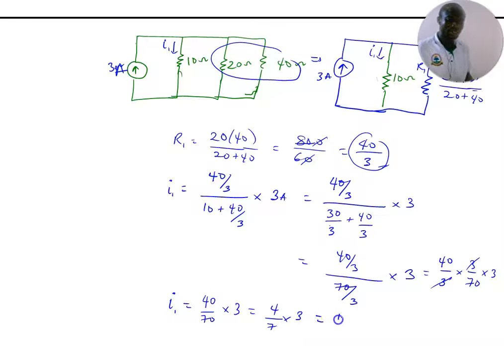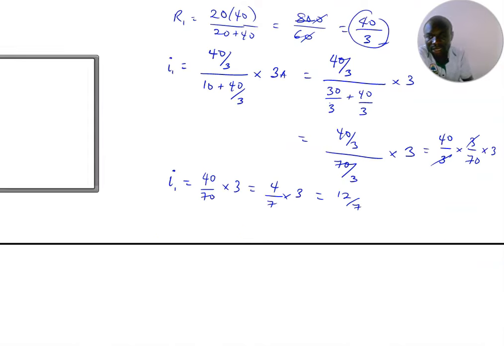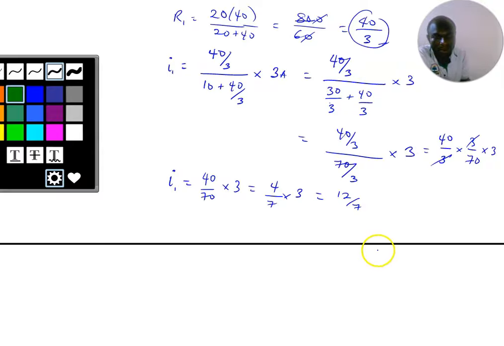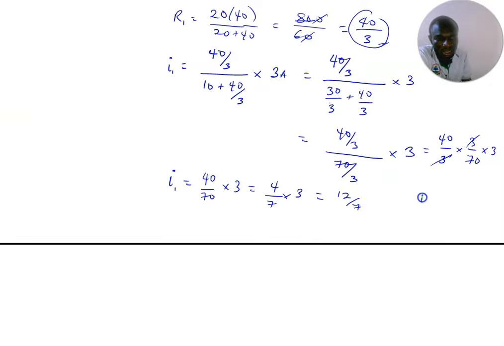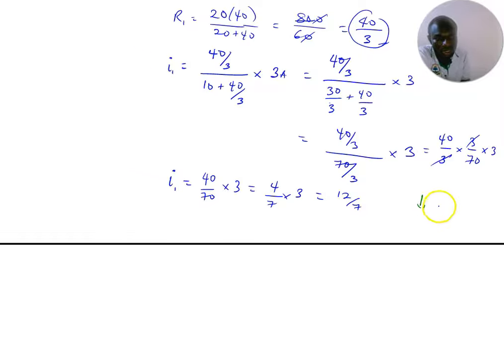And this gives 12 over 7. That's the final answer for I1. So I1 is moving downwards, and its magnitude is 12 over 7.